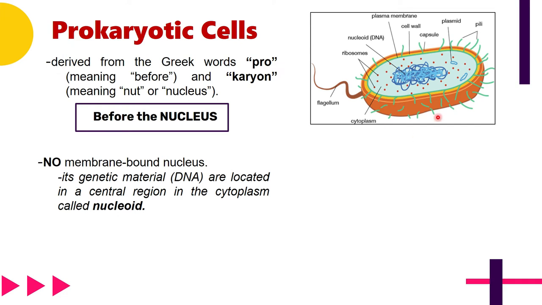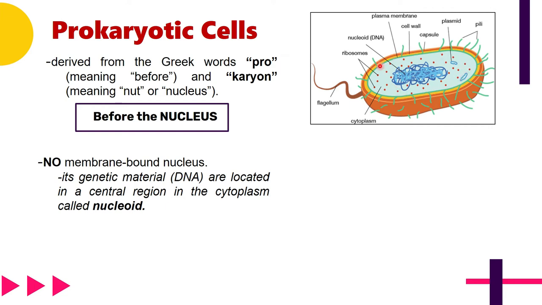As you can observe in the illustration of a prokaryotic cell, it doesn't really look like this, I correct myself earlier. The illustration just exposes the cell parts or structures so we can see inside the prokaryotic cell.